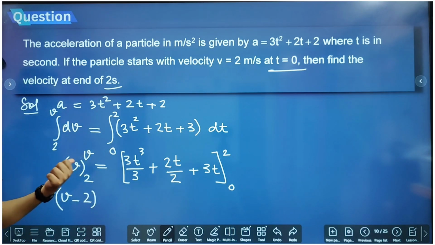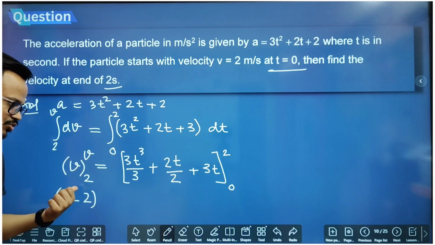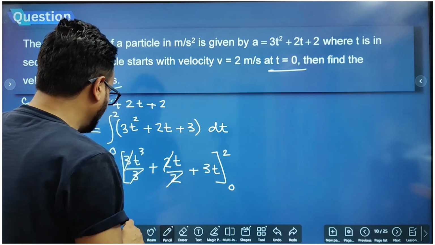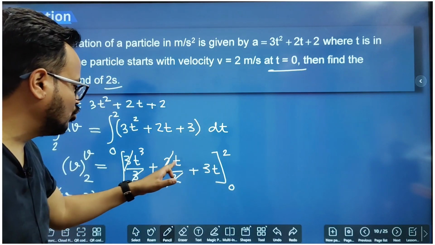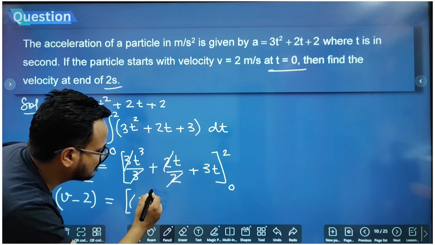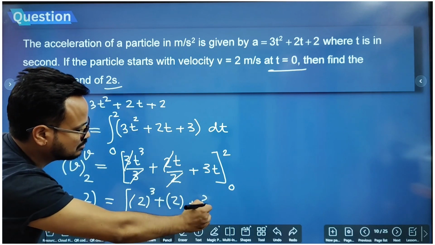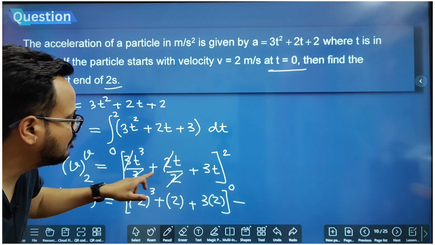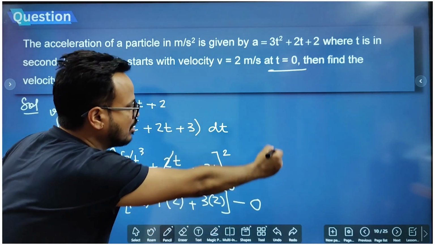What we do here, we first put the upper limit in place of this variable, so we first put v, minus, then we put the lower limit which is 2, and again 3 and 3 cancel, 2 and 2 cancel, we are left with t cube plus t square plus 3t, and first we will put 2 in place of t, minus we will put 0 in place of t, but all these have t, so all will become 0.